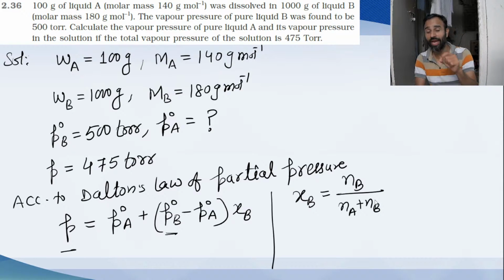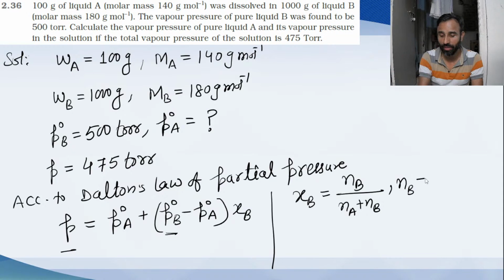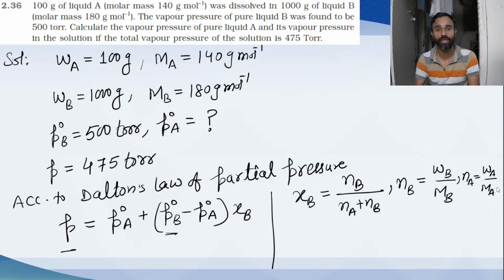But NA and NB are not given. So we expand it further. You know, NB equal to WB by MB and NA equal to WA over MA.